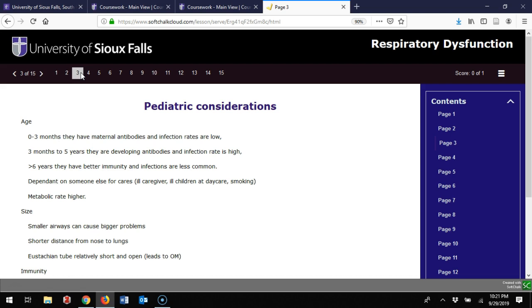But a little bit of swelling can make a big difference in kids. They also have a shorter distance from their nose to their lungs, so they're more commonly prone to having pneumonias and respiratory infections like that. Also, their eustachian tube is relatively short and relatively open, and this leads into otitis media, which we'll talk about later. And then, of course, the immunity, that they just don't have the antibodies yet, as we talked about up here.